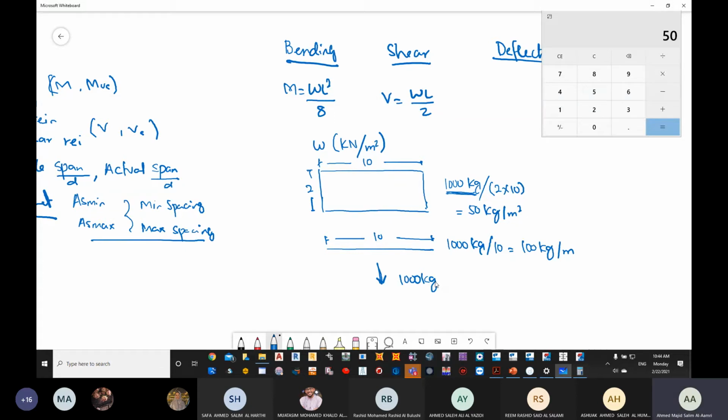Now you can see, if we see the three elements, which is the area, line, and then the point, when it comes to the area, the loading will be lesser in a certain concentrated area. You will see that your whole load will be distributed along a larger area. Do you agree with me?